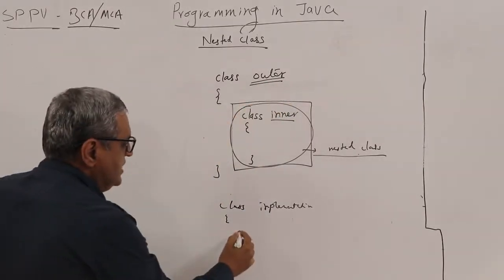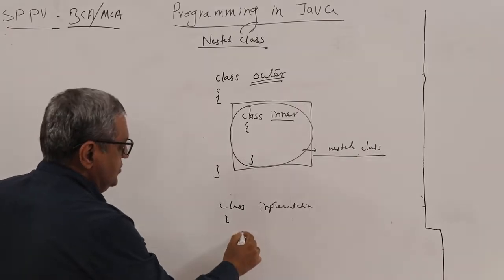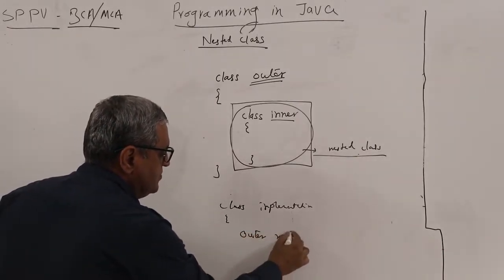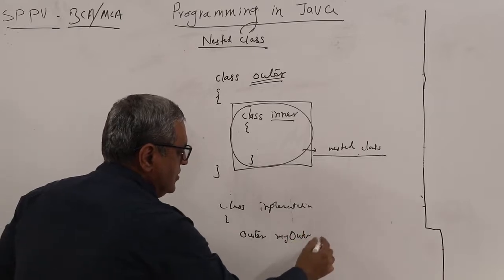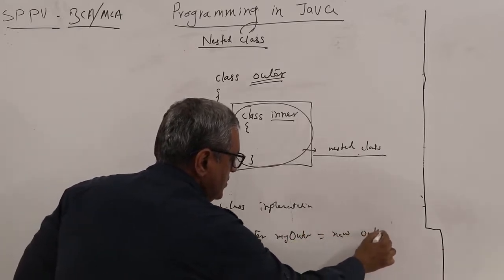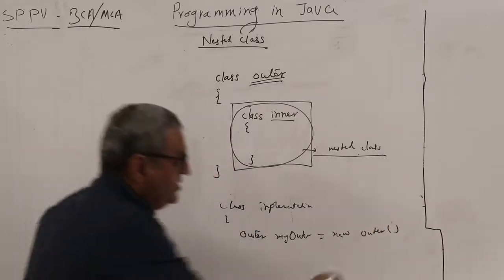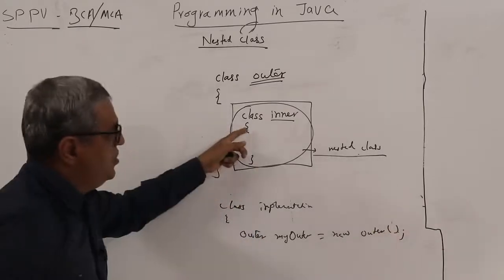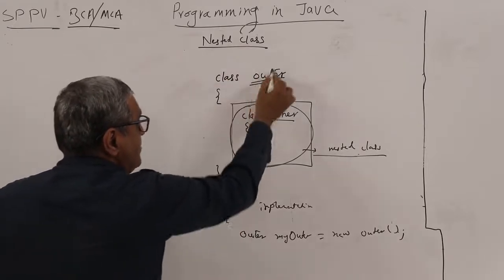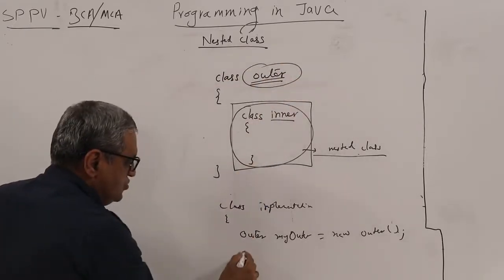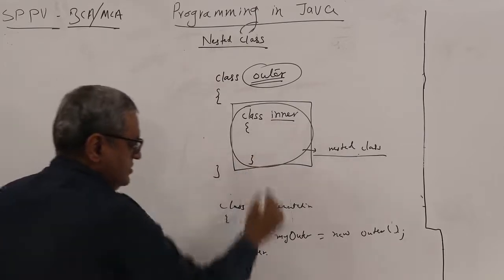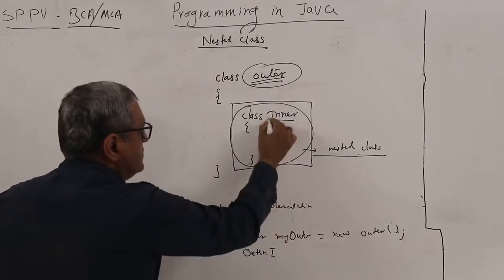So I will put it like this: Outer myOuter equals new Outer. Now when I create an object of the inner type, I have to use the reference of the outer class, so I write Outer.Inner.